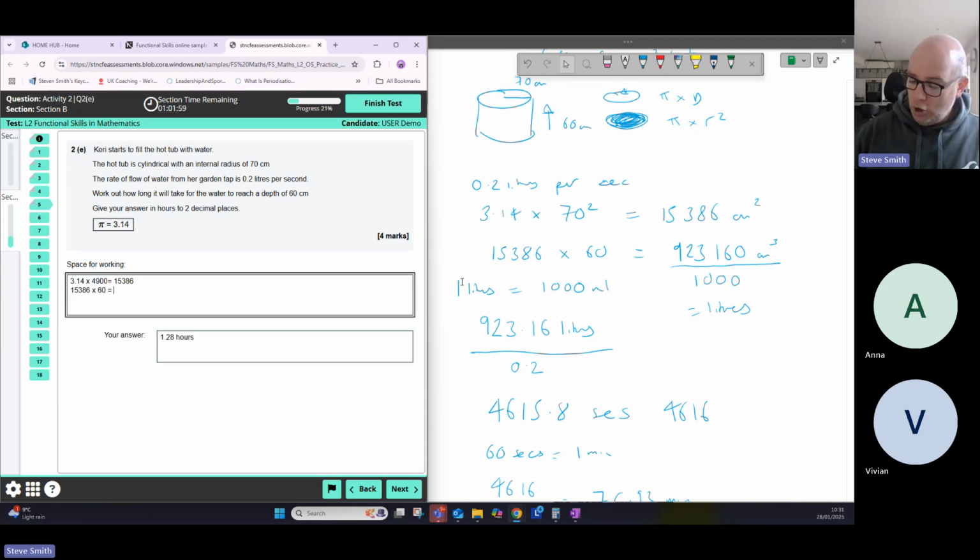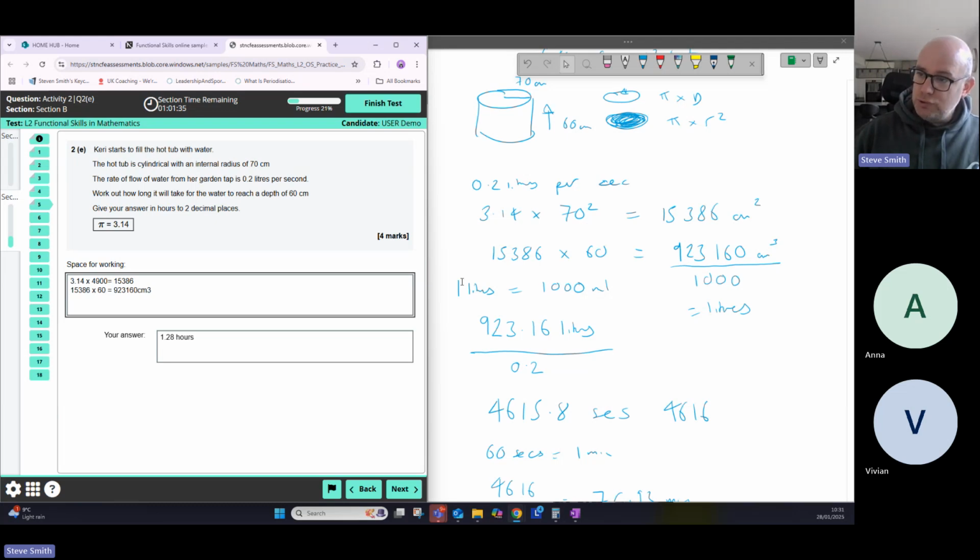So I now have a big number, but it's in centimeters cubed. I don't have a little 3 on here, so it looks a bit odd when you do it like that. And then once you've got that number, we divide it by 1,000, because we know that 1,000 milliliters is 1 liter.